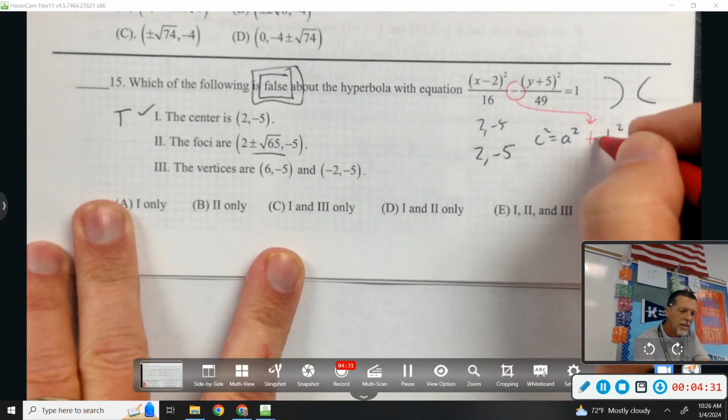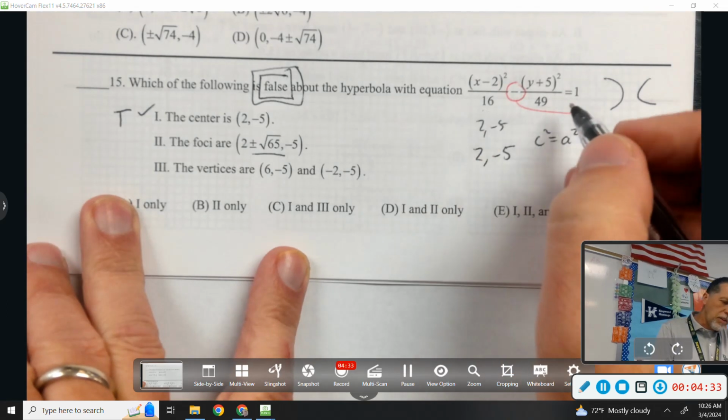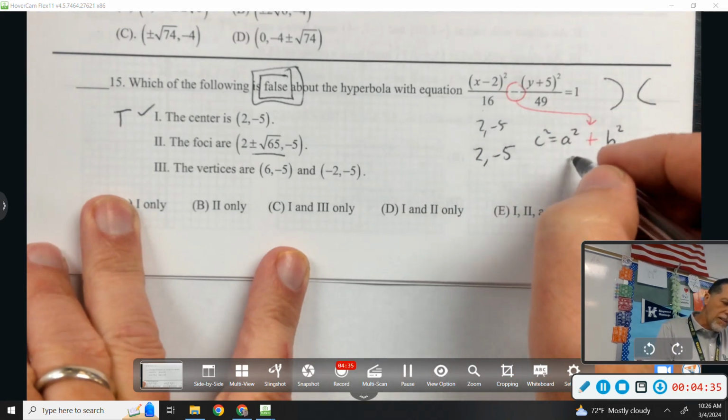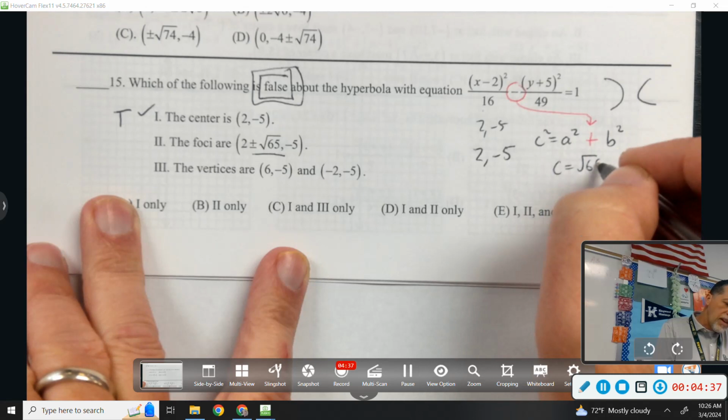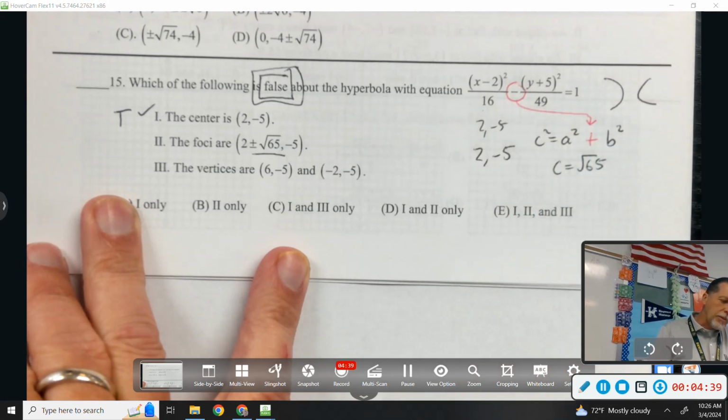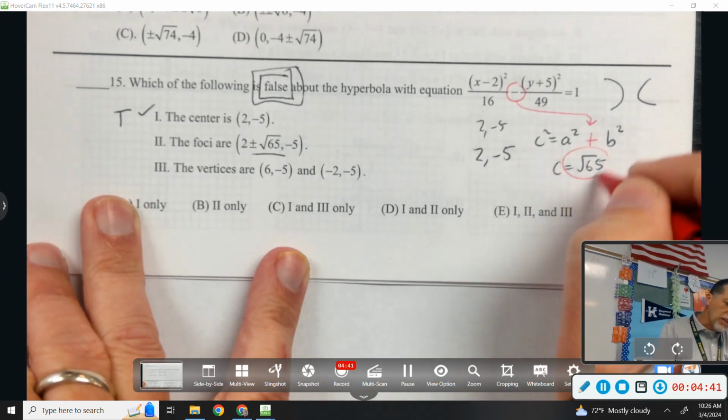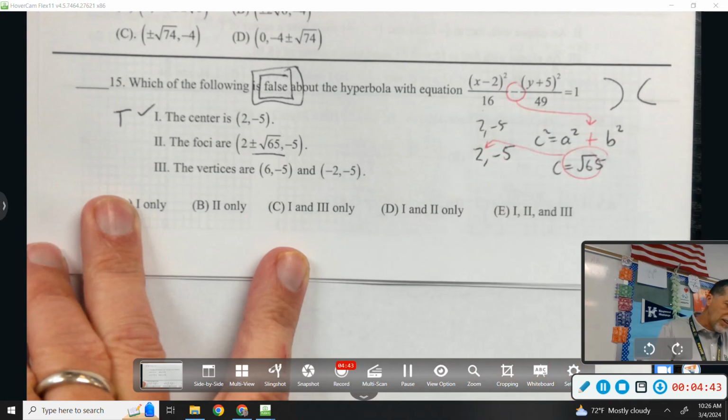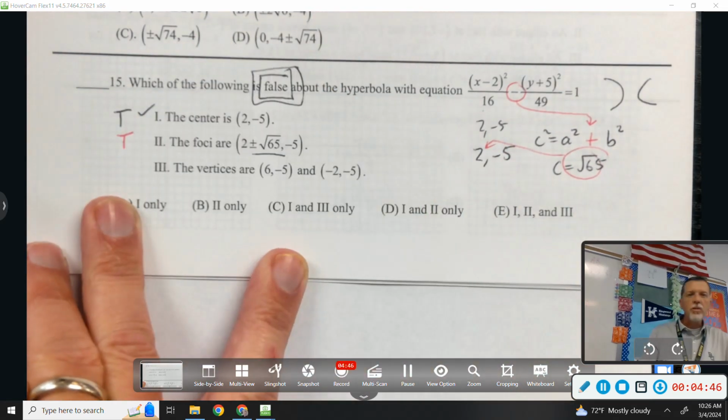Plus. 16 plus 49 would be 65. And again, it's left and right, so we attach that to the x coordinate. That's what number 2 did, so that's true.